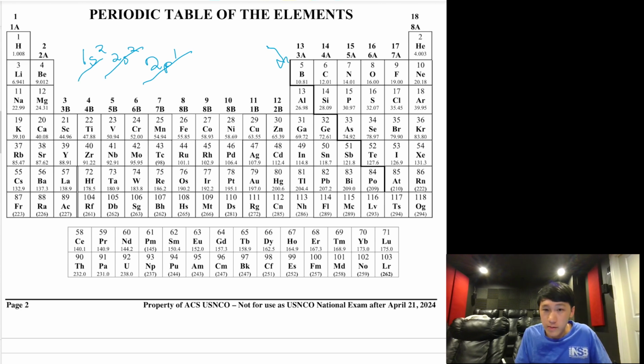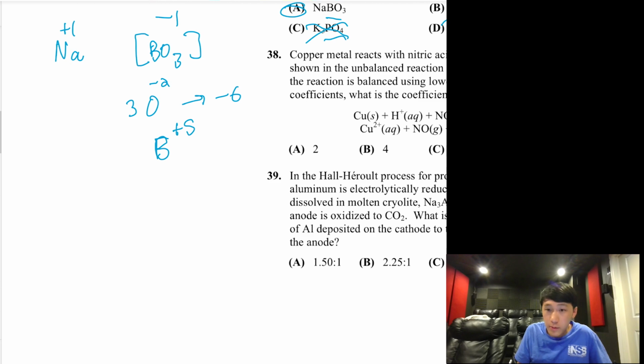Losing the 1s electrons is very energetically unfavorable because those are core electrons very close to the nucleus, so we don't expect it to be energetically feasible for boron to be in the +5 oxidation state. Instead, boron will adopt a +3 oxidation state, so losing its 2s2 and 2p electrons, but keeping its 1s2 electrons intact. So now we know that boron can't be in +5, and instead it's going to be in +3.